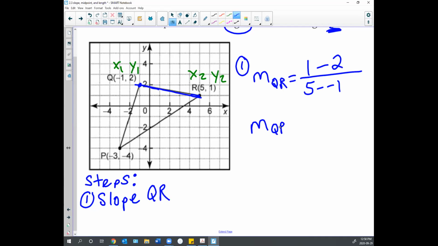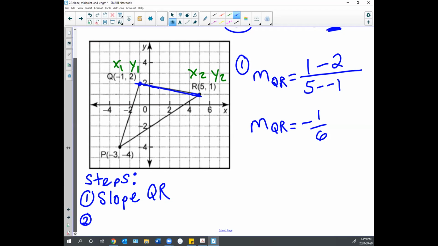What's the slope of QR? Negative 1/6. Thank you, Joel. Negative 1/6. Now that's the slope of QR, but I want to have a right bisector through QR. So step number 2 is turn that slope into the negative reciprocal.